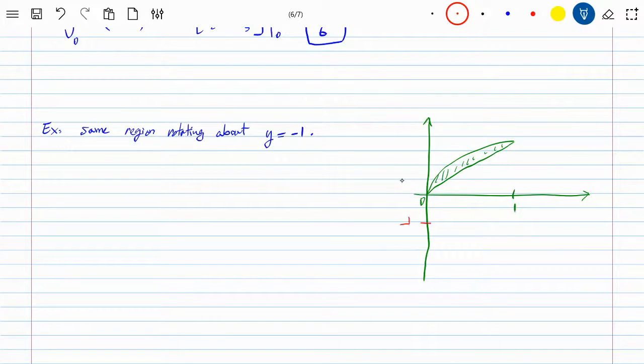Here is -1. So if you rotate this about y equal to -1, let me rotate only a section of it. Here's what you get. This is the cross section.